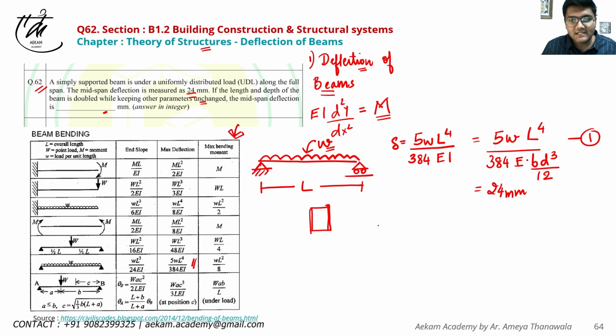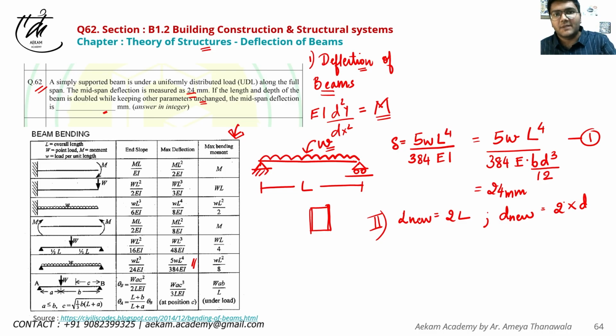Now the second condition, case 2, is that length and depth of the beam are doubled while keeping other parameters unchanged. So the new length is 2 into L, while the new depth is 2 into D. Mind you, they have not mentioned anything regarding the breadth, so breadth will stay as it is.